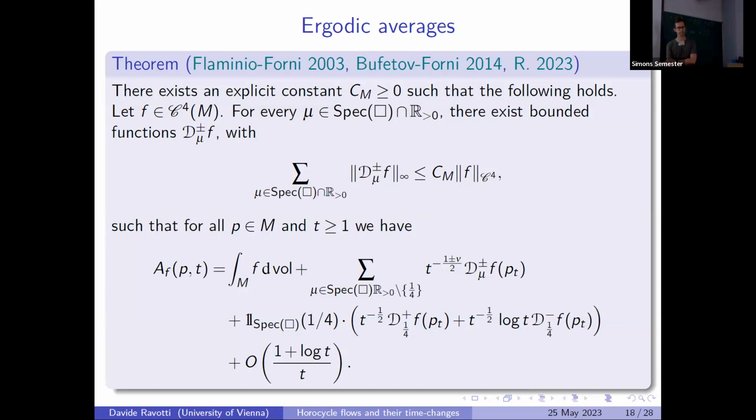So Strömbergsson has results precisely of this form. In a finite volume non-compact quotient, if your point satisfies some Diophantine condition, then the ergodic averages can be bounded by something. But in the non-compact case, you cannot really hope to have uniform bounds. It will depend sensitively on the point you consider.